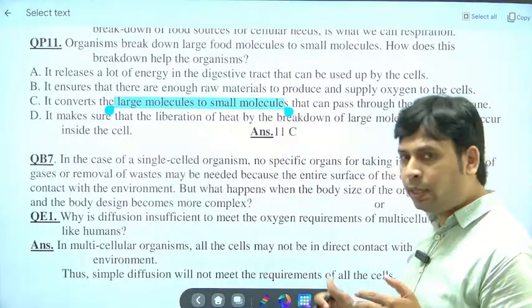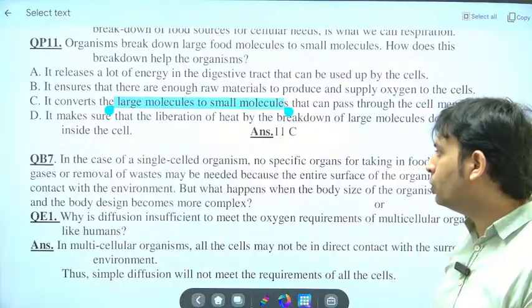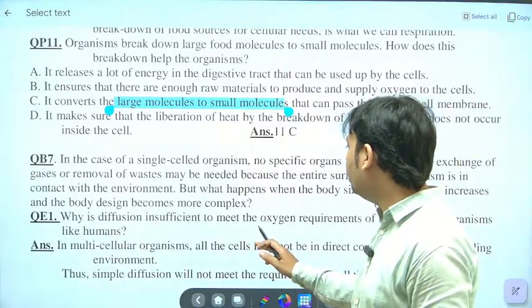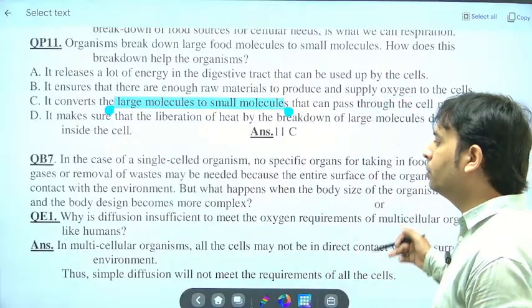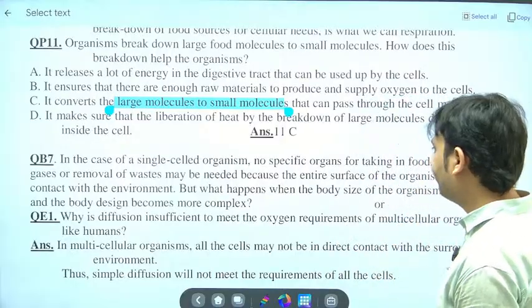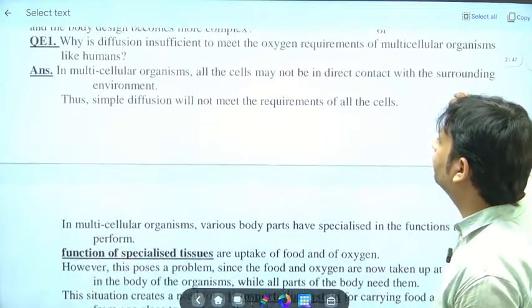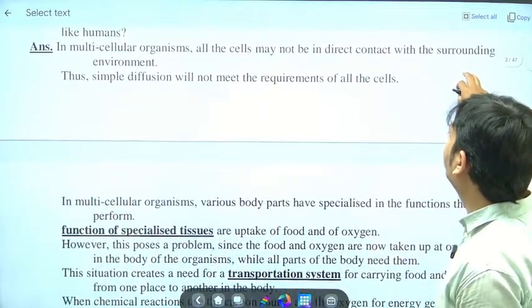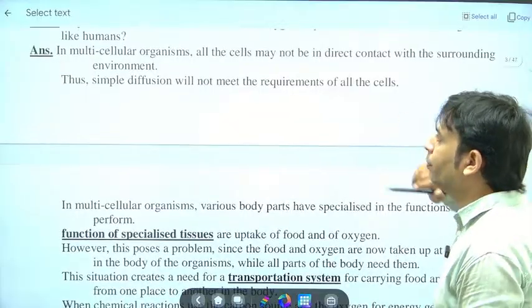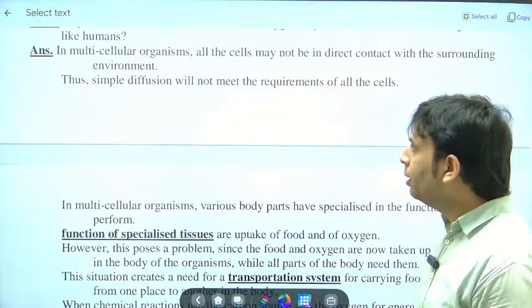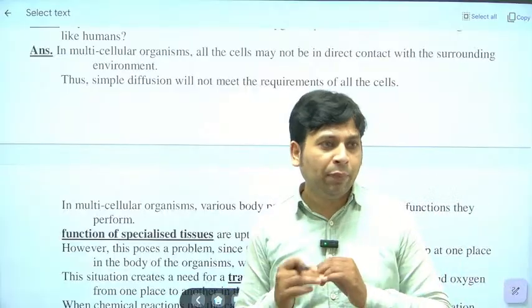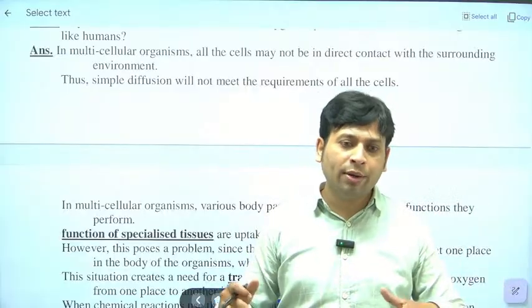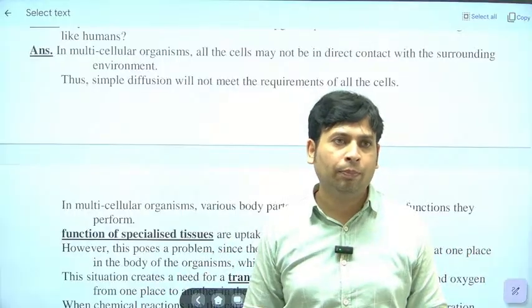Now it is also an exercise based question: why is diffusion insufficient to meet the oxygen requirement of multicellular organisms like humans? The answer is that in a multicellular organism like us, every cell is not in contact with the outside environment.